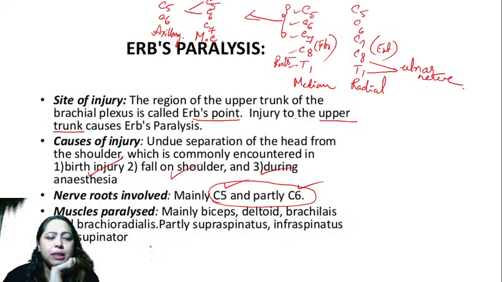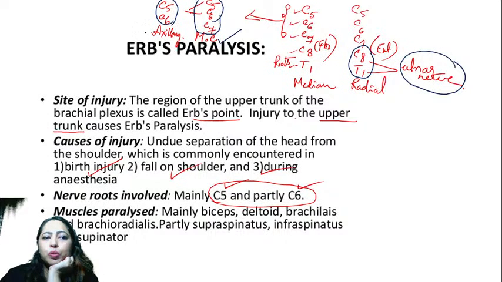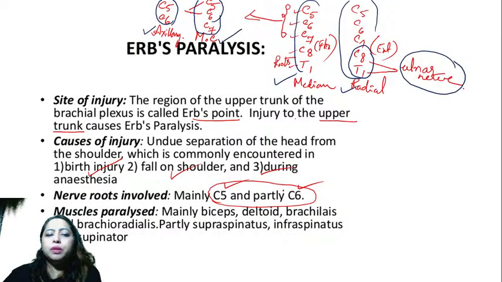So you get C5, C6, C7 giving rise to musculocutaneous, only these two giving rise to axillary, and all of them give rise to median and to radial. Now the involvement of C5 and C6 is for Erb's paralysis.